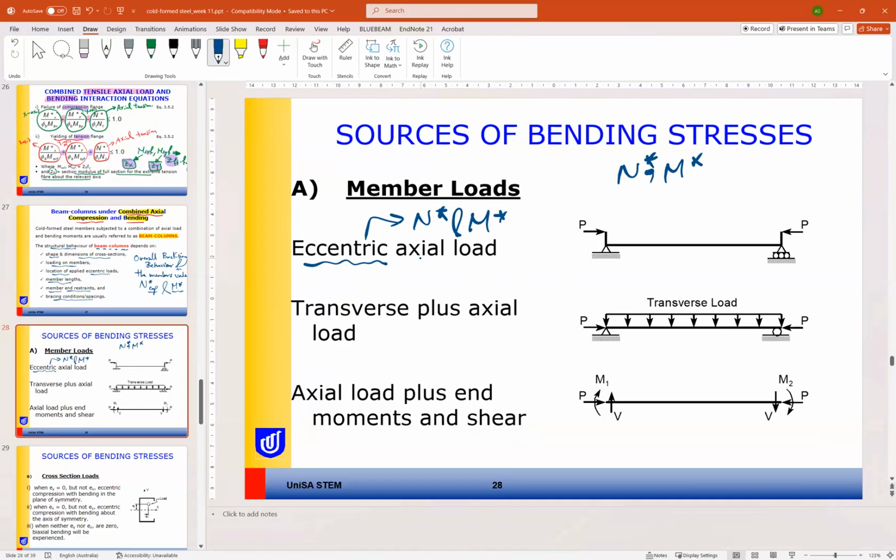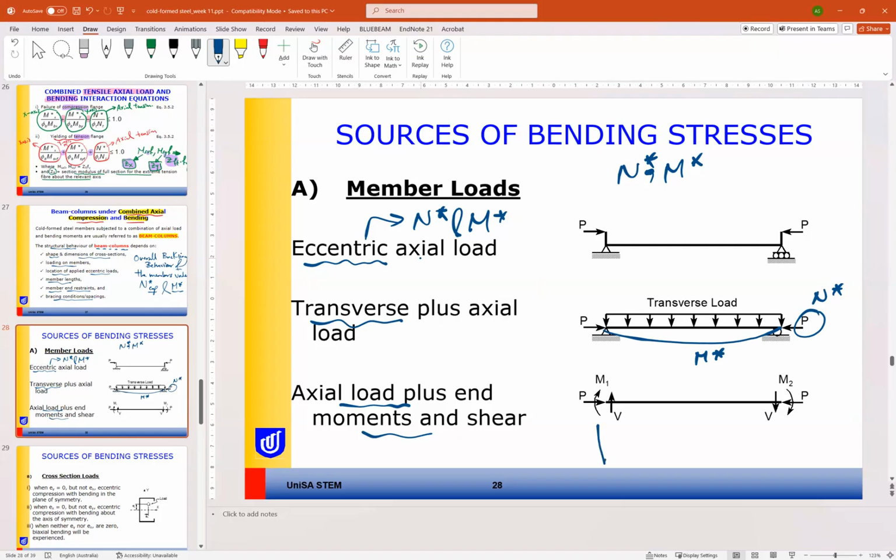One option of bending is you have a normal applied load, so this beam is under bending moment due to the vertical load. And what else you apply? Transverse compression. So this is N asterisk. The third case is you have axial load plus end moment and shear due to, like, frame connection.